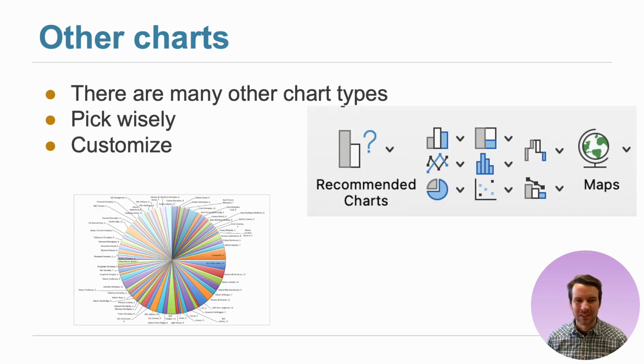Here is an example of a pie chart that is kind of useless because it's a little bit overwhelming. It has too many slices of the pie, so pick wisely. The software lets you do charts that are not great for the human eye if you let it. And if you work hard, you may get charts that are very nice.